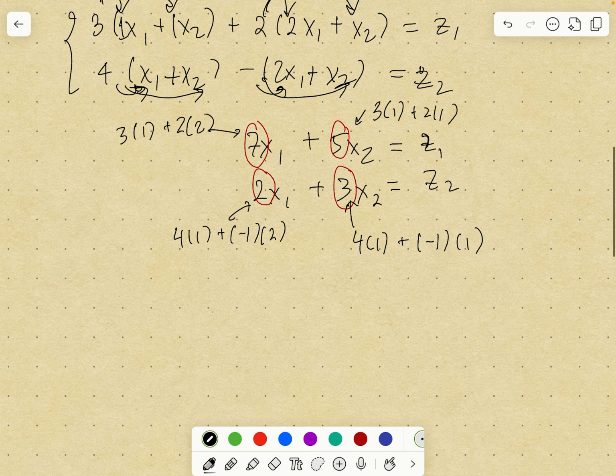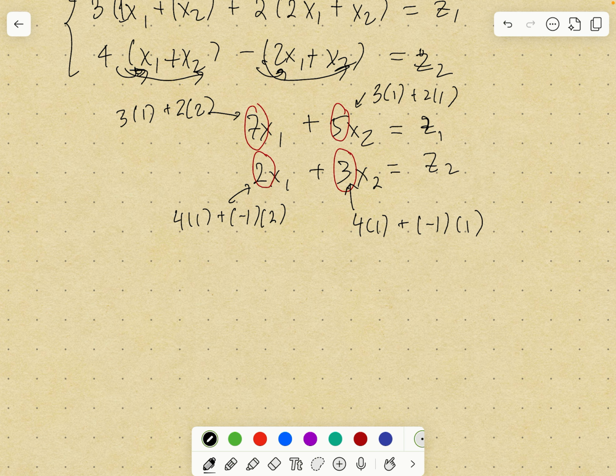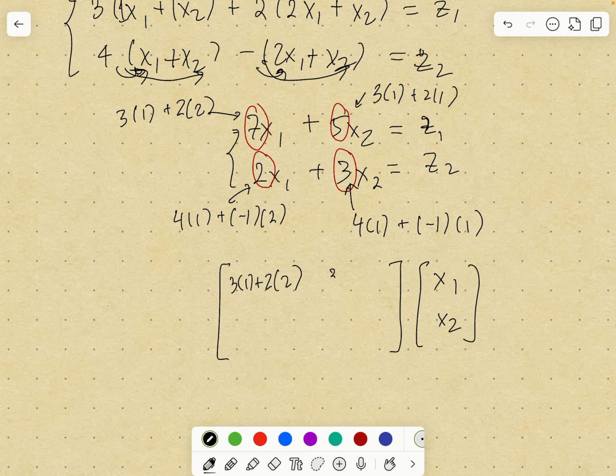So if you think about the computations in terms of matrices, this system of equations basically boils down to 3 times 1 plus 2 times 2 here, 3 times 1 plus 2 times 1 here, 4 times 1 plus negative 1 times 2 here, and 4 times 1 plus negative 1 times 1 here, giving z1, z2.